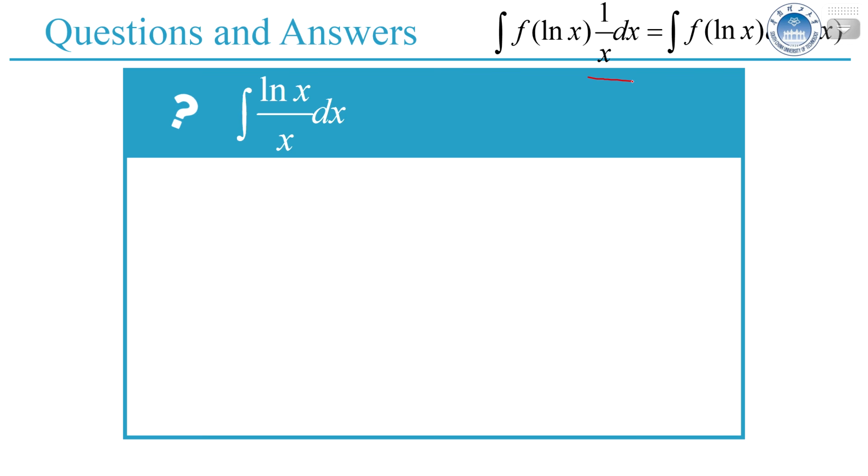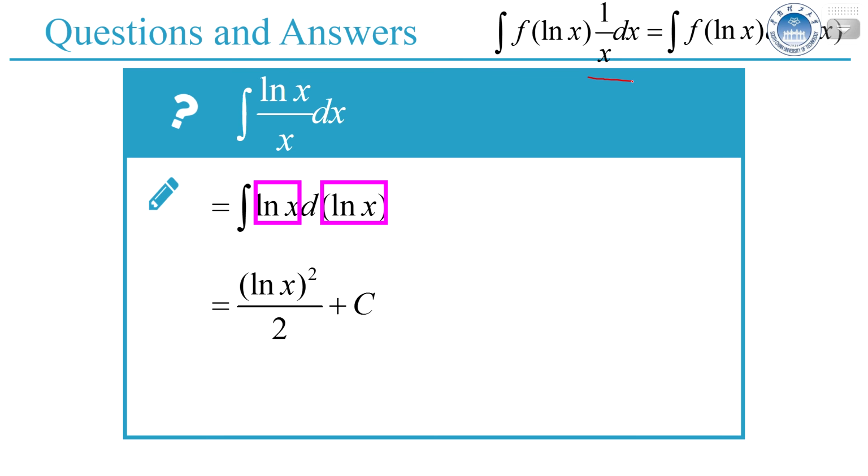This is only a special case, so we can write it. Log x times 1 over x taken in becomes log x times d log x, meaning u du. It's very easy. Equals u squared over 2 plus c.